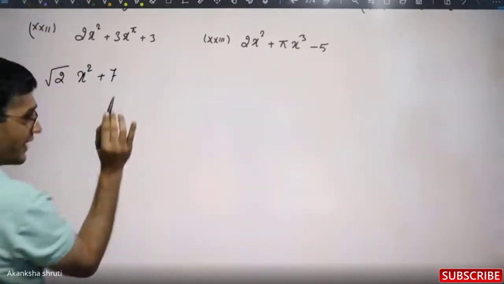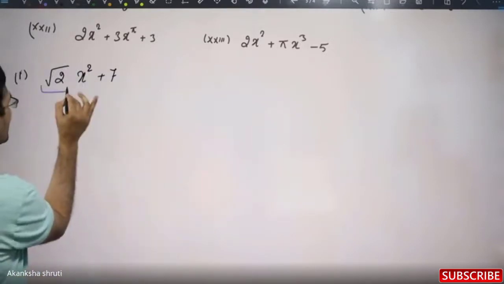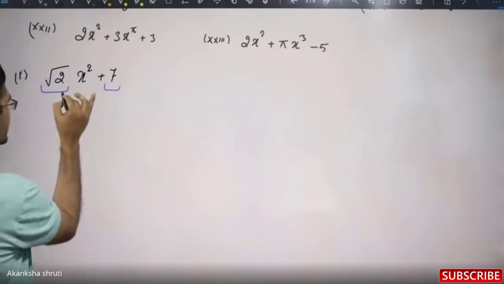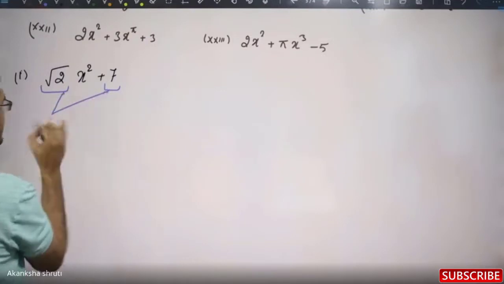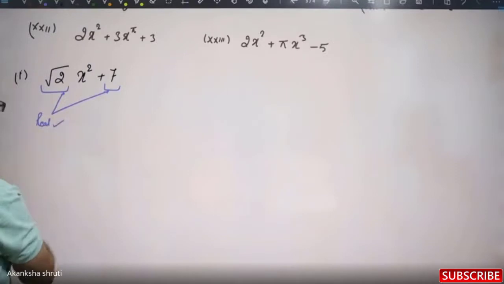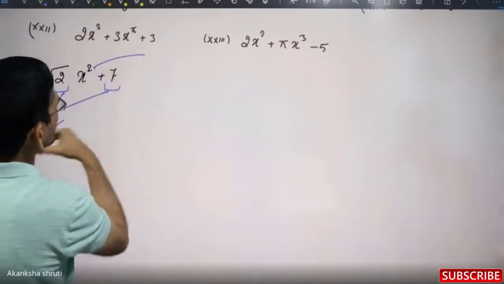How? What do we need to verify, student? We need to verify the constant term and the coefficients, whether these are real or not. Yes, these are real. First condition is verified. Then we need to verify whether the power is a whole number or not.